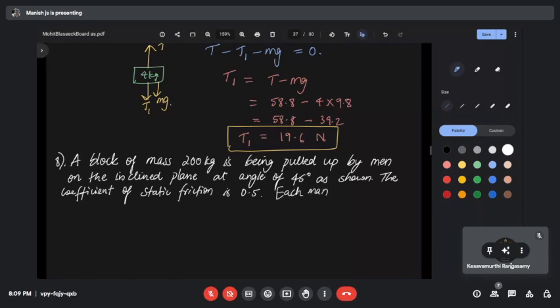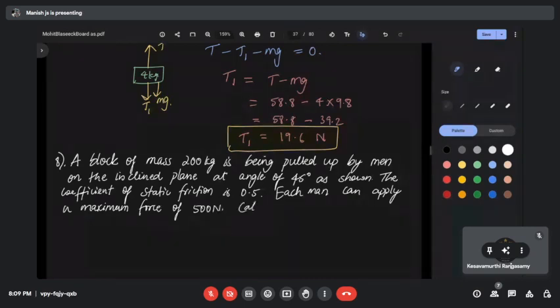Each man can apply a maximum force of 500 newtons.